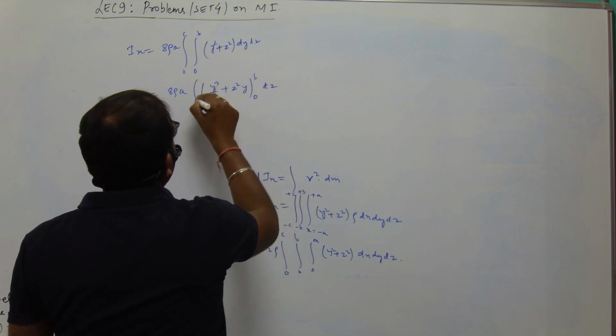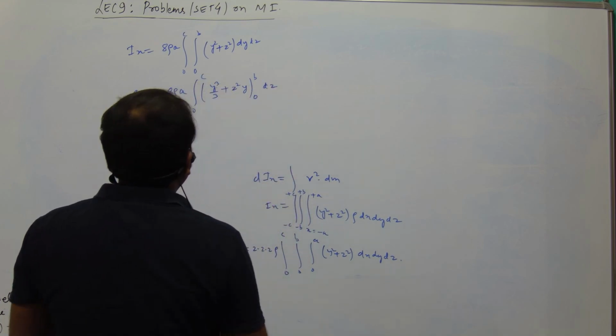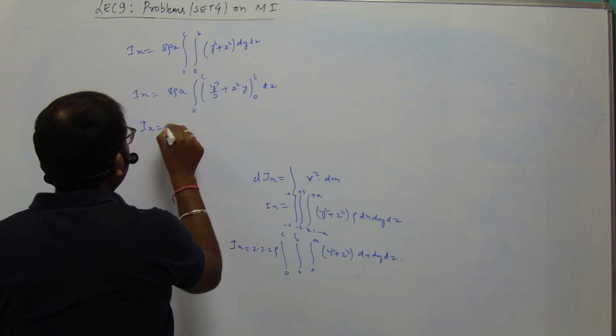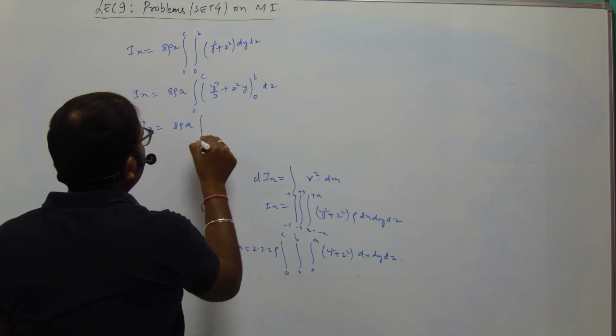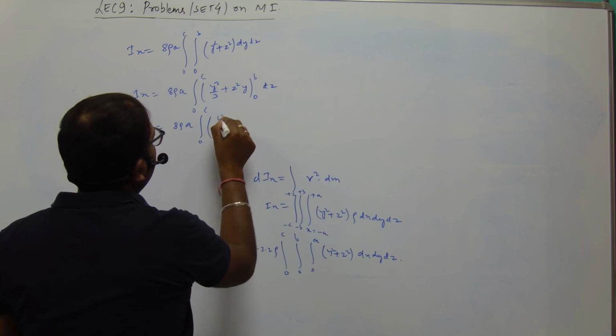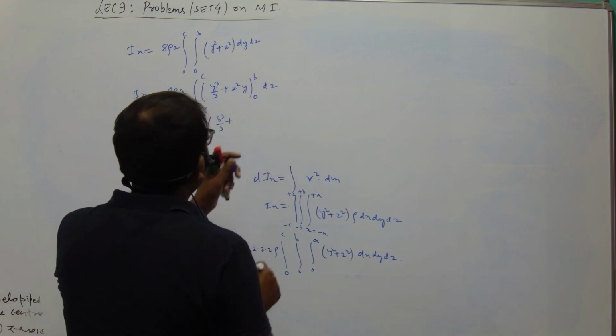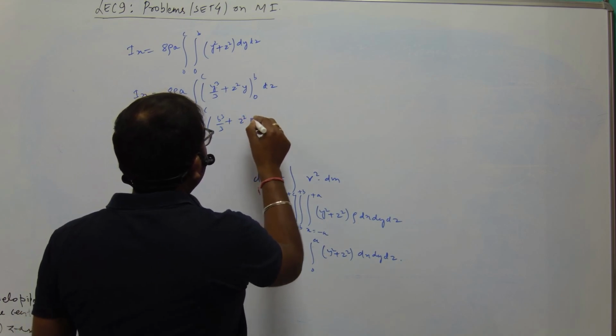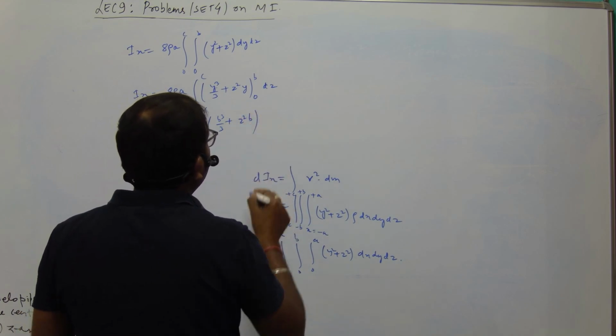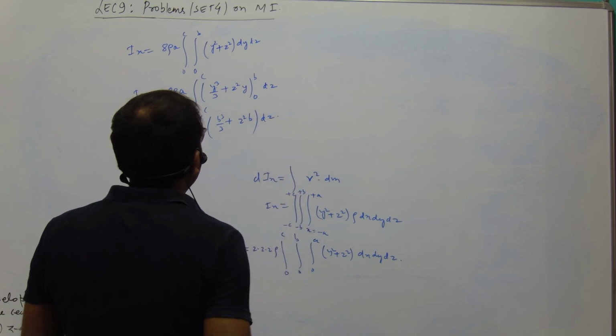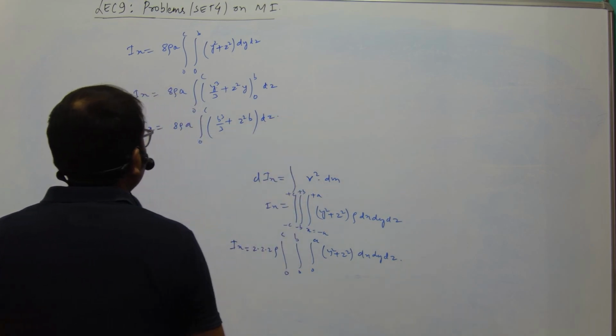The value of dz is 0 to c. Let us place the value. So Ix is equal to 8 rho a, integral 0 to c of b cube upon 3 plus, taking y, z square into b, dz. The limit is from 0 to c.